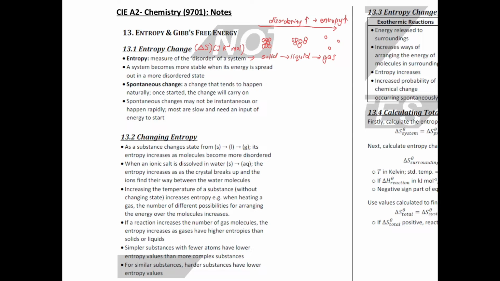Now the second point: a system becomes more stable when its energy is spread out in a more disordered state. What is that? Let me give you one example. You heat a solid. Then the solid is not stable anymore because you heat it up.